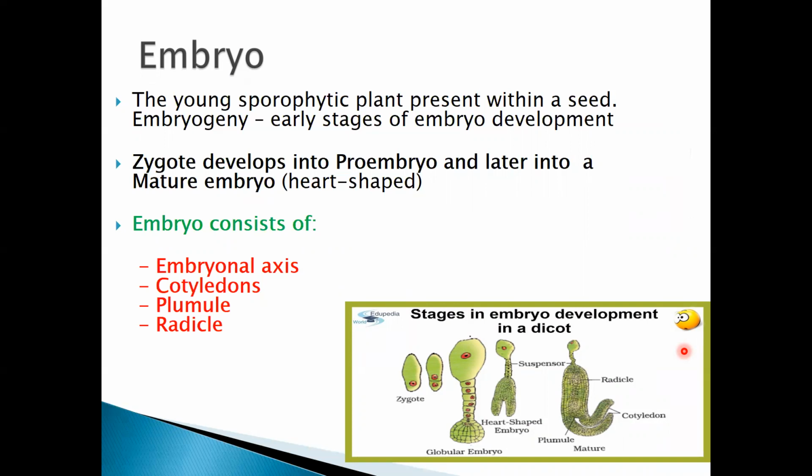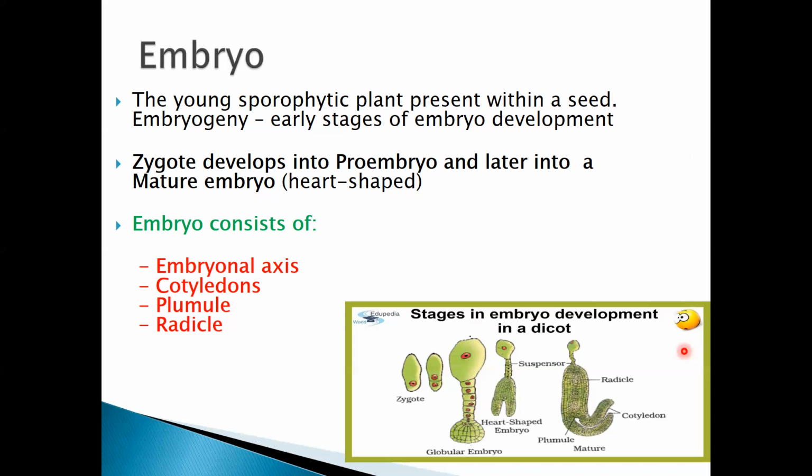What do you mean by embryogeny? Embryogeny is nothing but the early stages of embryo development, where the embryo develops from the zygote. First, the zygote divides into a two-cell structure, that is the proembryo, terminal and basal cell, and later divides into a mature embryo, that is a heart shape.